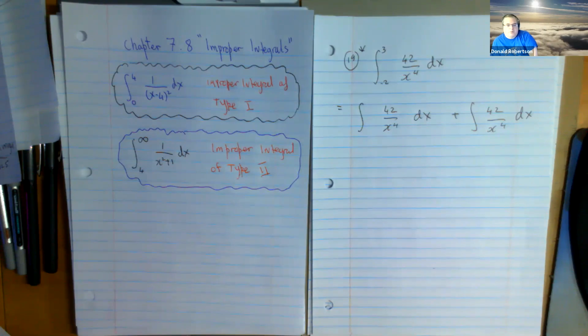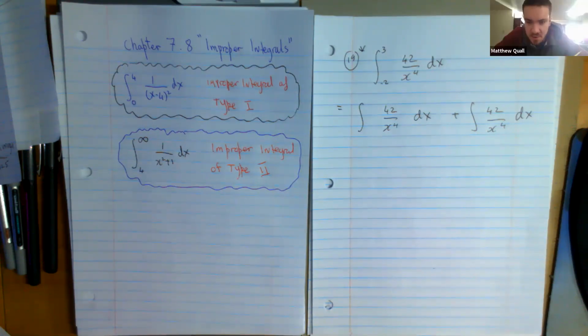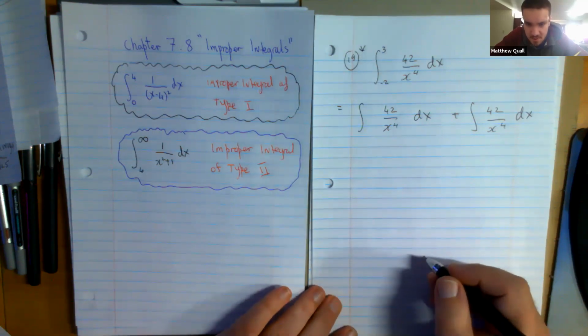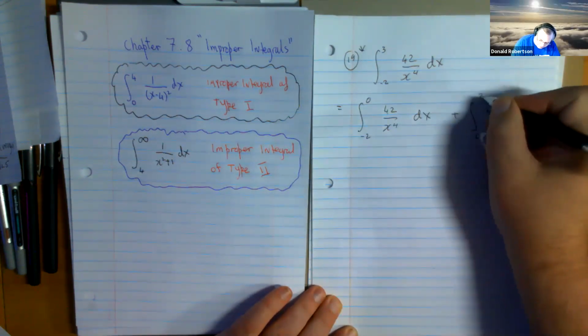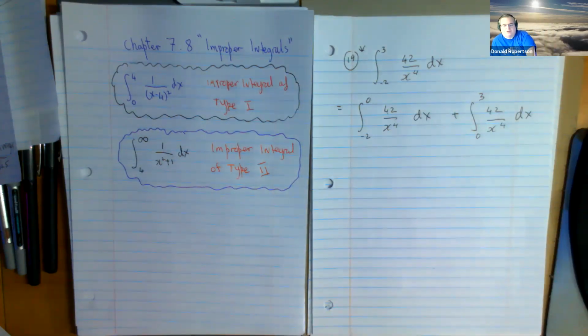Where is the problem? There's a vertical asymptote at x equals 0. So we split the question into 2 pieces because of that.